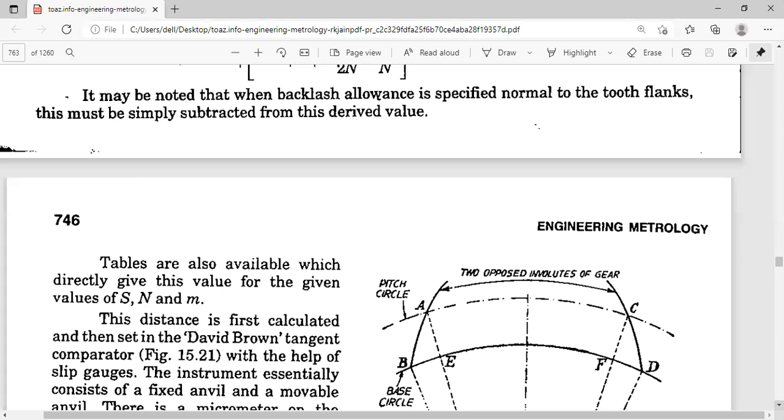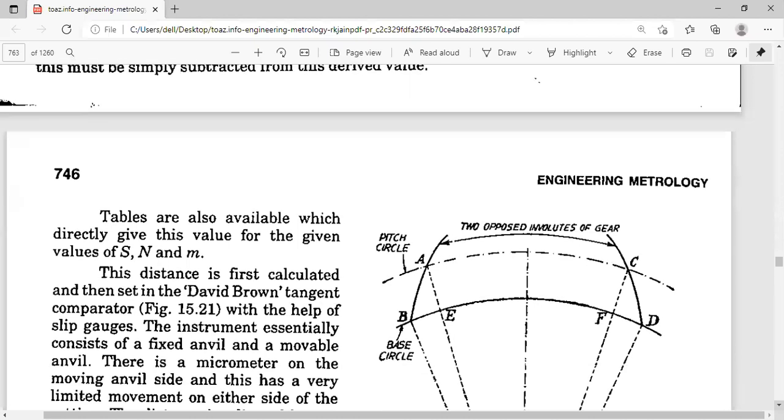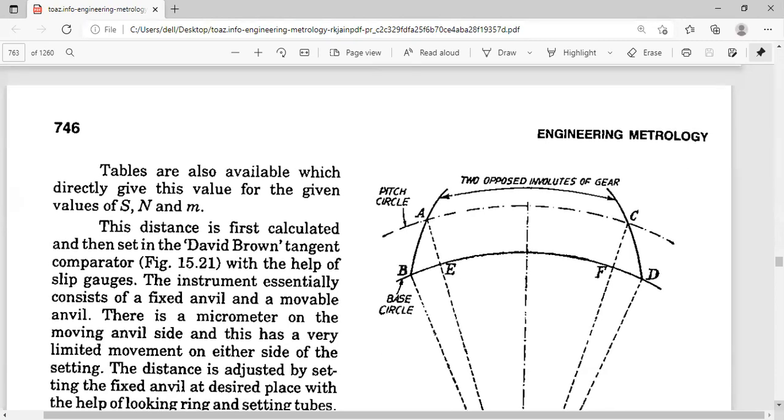N, the number of teeth, and M, the module. So this particular distance, whatever you are calculating, after you subtract that allowance, that actual value, you set in the David Brown tangent comparator. You set that in the instrument.